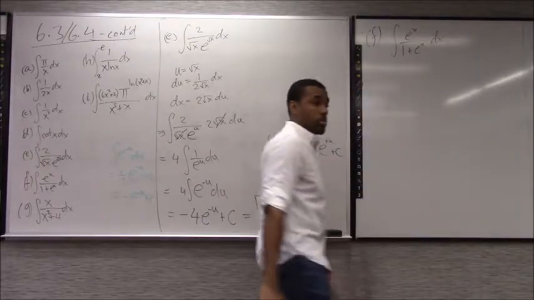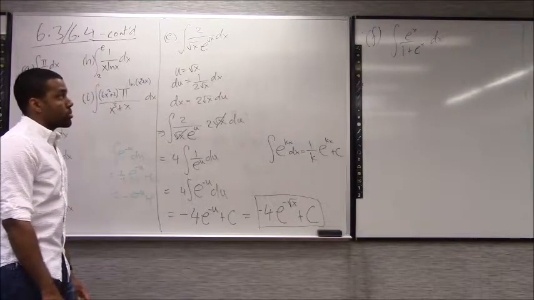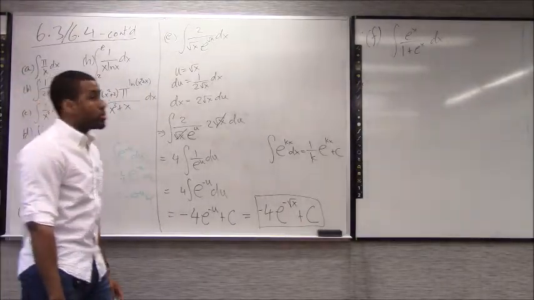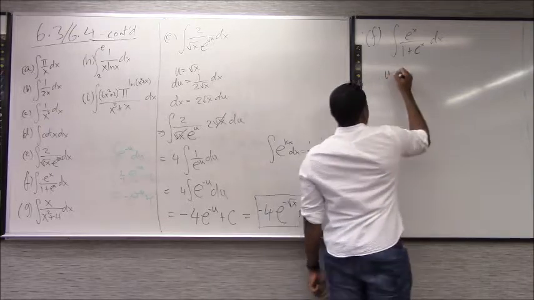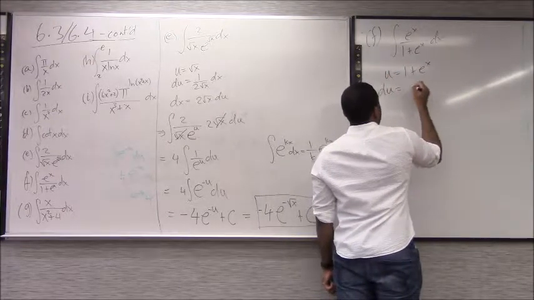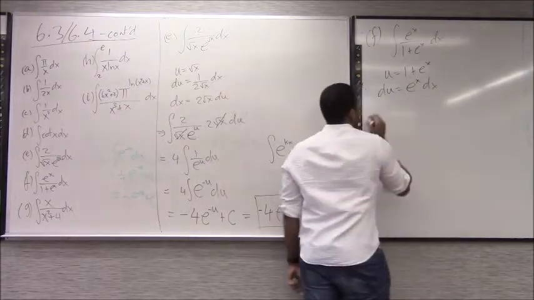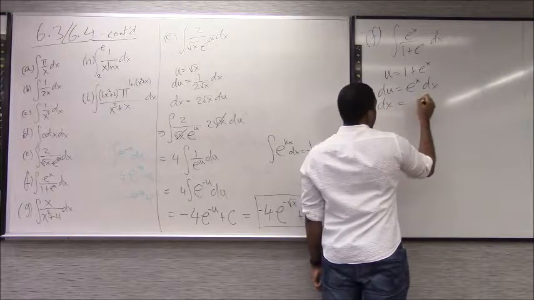Okay, draw this one. Substitute u in for 1 plus e to the x. So du is equal to e to the x dx. So if you'd like, you can solve for the dx.